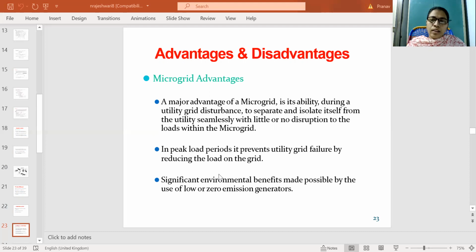In peak load periods, it prevents utility grid failure by reducing the load on the grid.